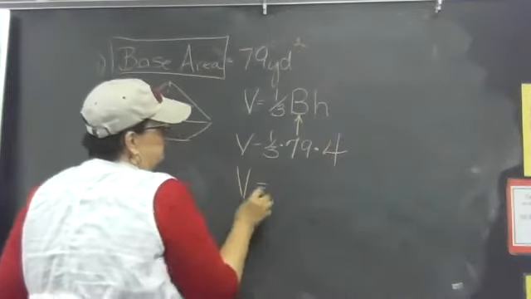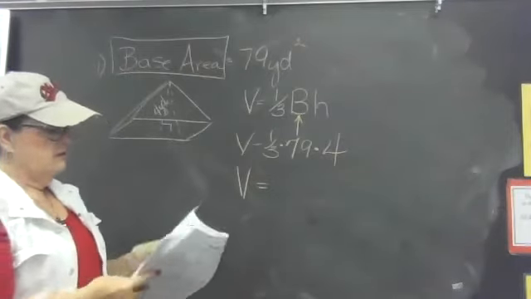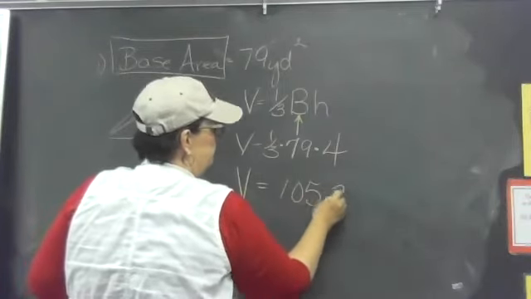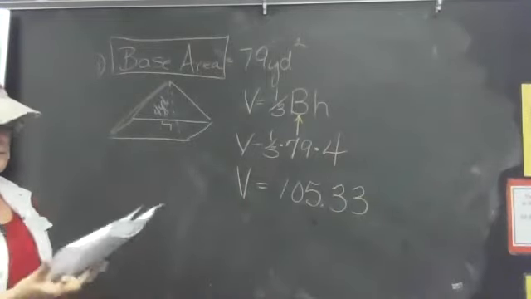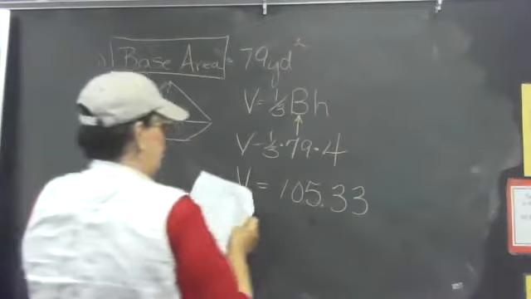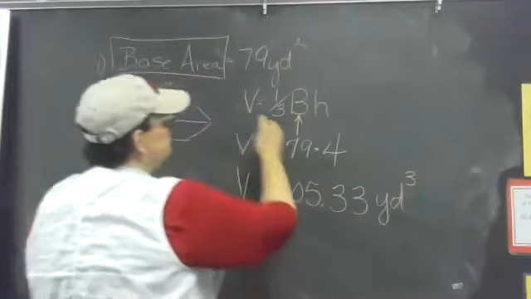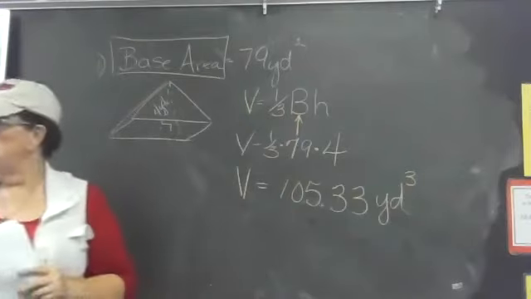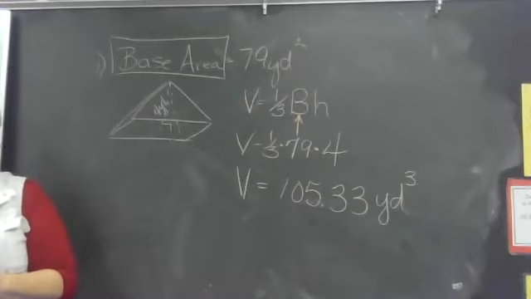So the volume in this case, if you do this with your calculator, is going to be 105.33 yards cubed, because volume is 3-dimensional, so yards cubed. Okay, now the instructions here, I'm not sure what the calculator came out, but you are supposed to round.